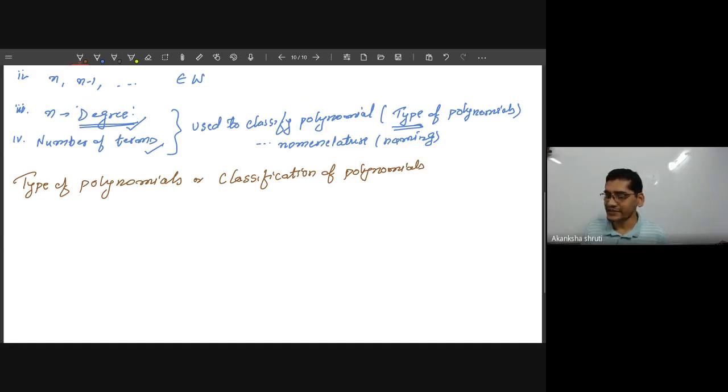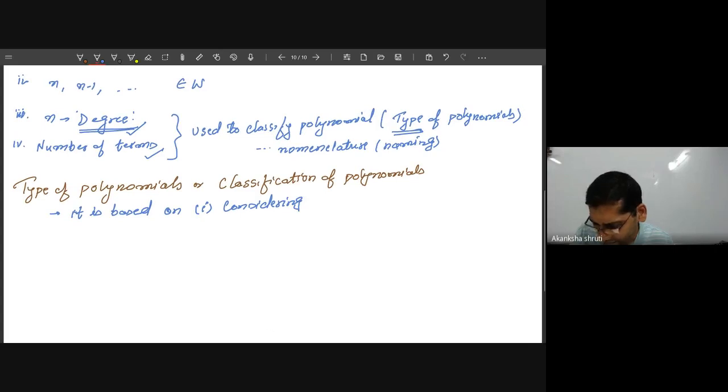One is considering the degree, means what is the degree? Its name is given. The other one is considering the number of terms.